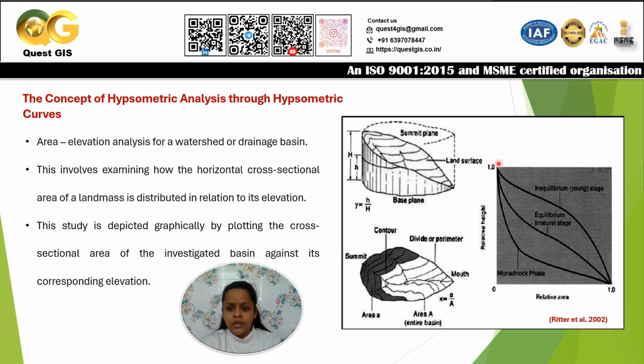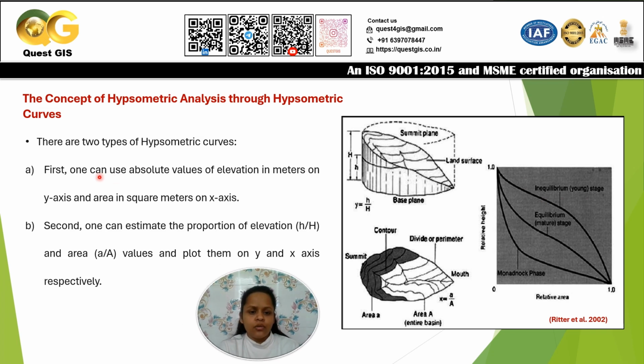You can see here that there are three curves, 1, 2 and 3, and they all represent different stages of river erosion, or drainage basin erosion, which we will study in detail in upcoming slides. There are basically two ways of representing these hypsometric curves.